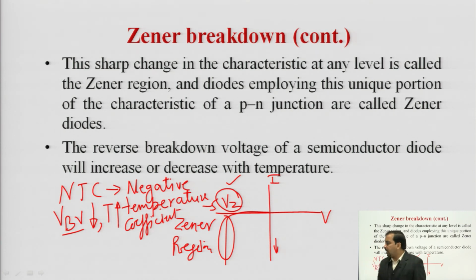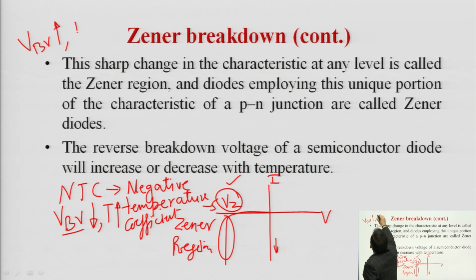Above -5 volts, it shows PTC behavior, positive temperature coefficient, meaning for avalanche breakdown the reverse breakdown voltage VBR increases on increasing the temperature.